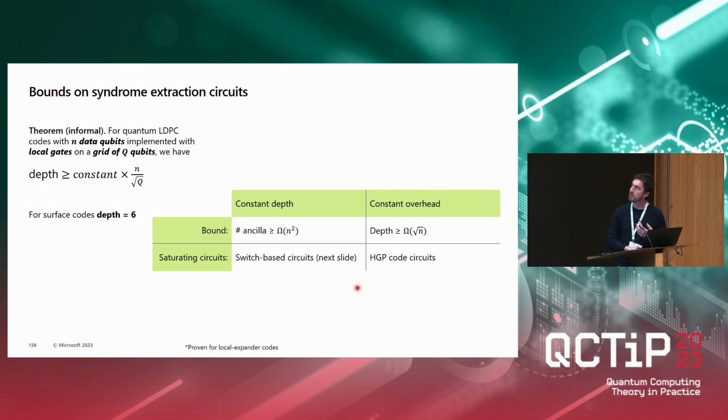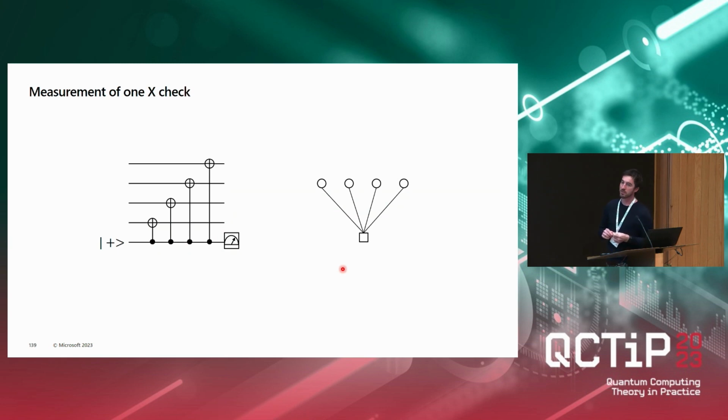And we design circuits that achieve this bound. I'm going to show you one of them. And I'm going to show you the simulation result for the other. So let's build a circuit that achieves this bound using as many ancilla qubits as we want, so n squared, but using a constant depth.